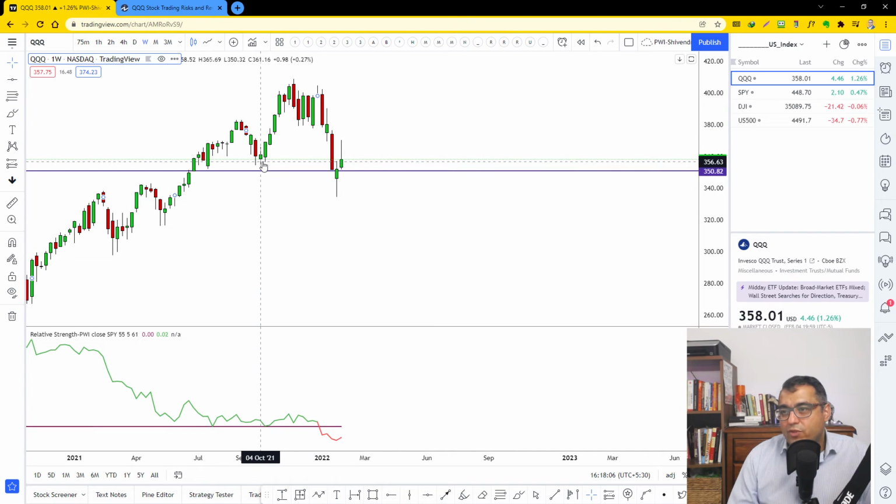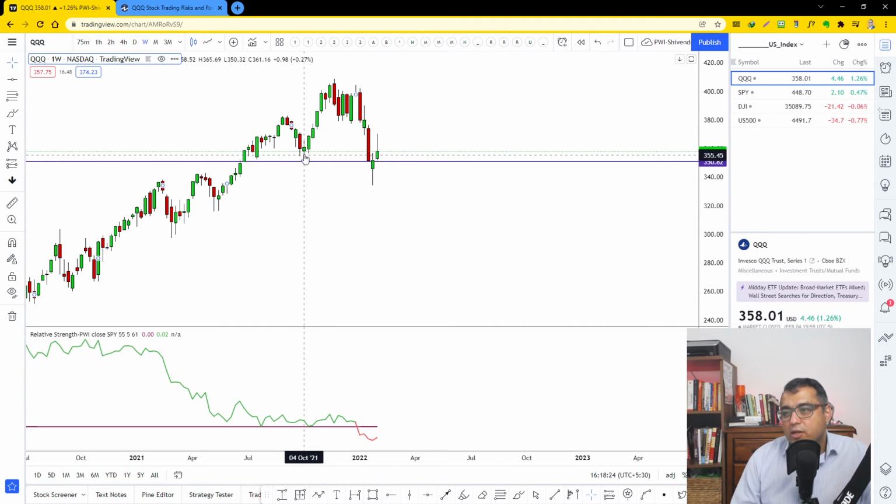The low of this candle, which was the swing low, was 350.32, and the close of this one was 351.69, and this one's close was 361.16, and the low was 350.32.